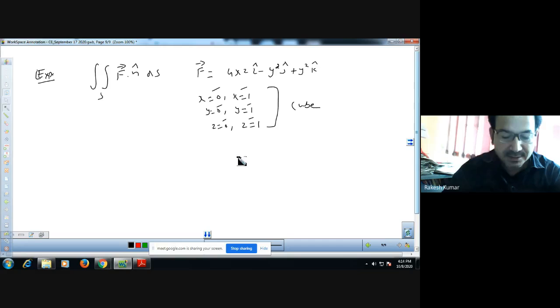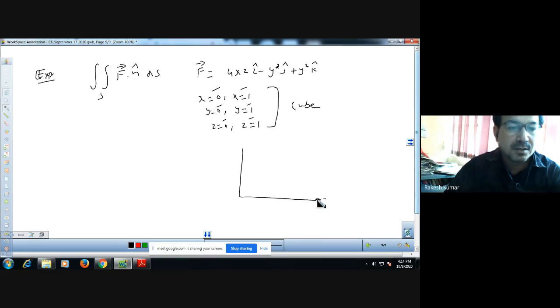Now, let us discuss the cube. This is the 3D space we have, with origin point O. This is the x-axis, this is the y-axis, and this is the z-axis.